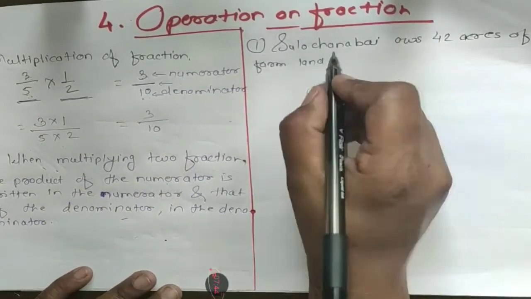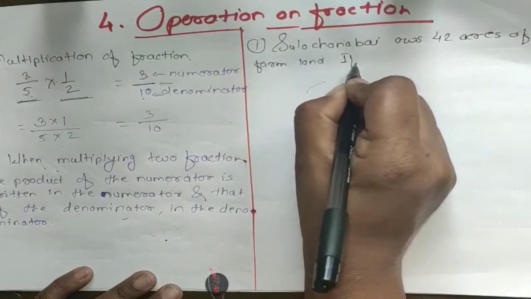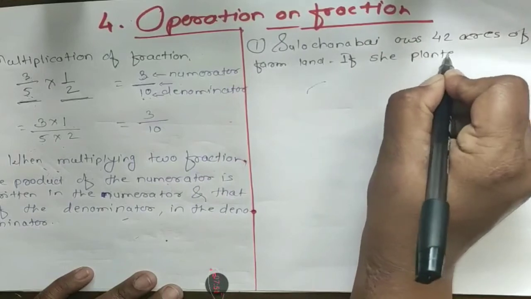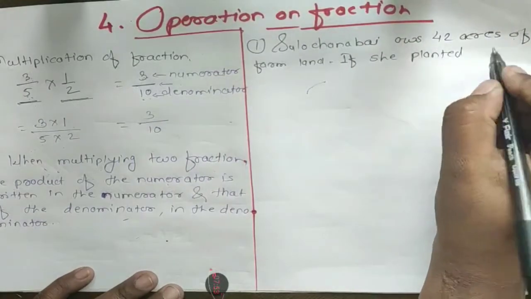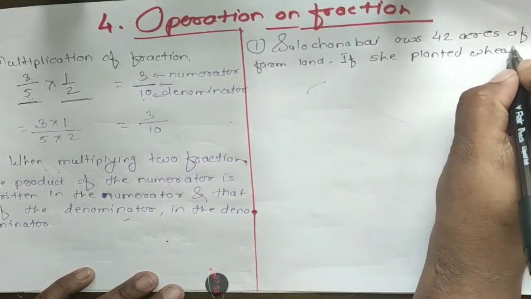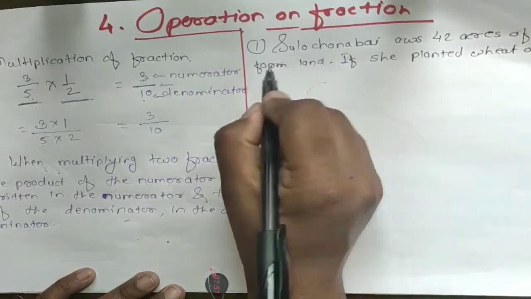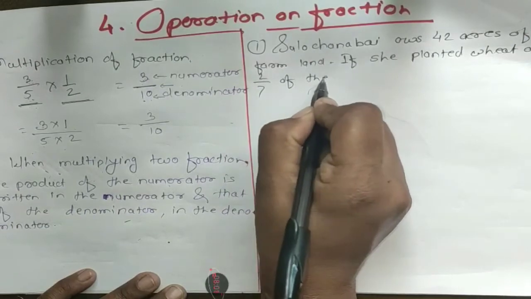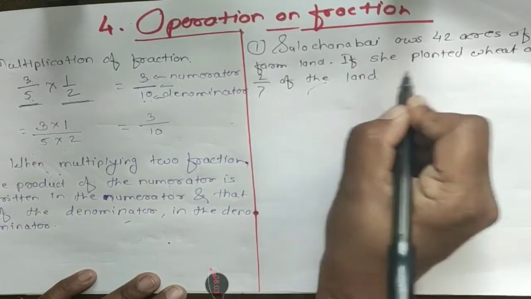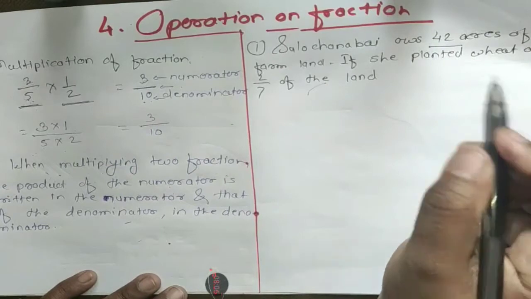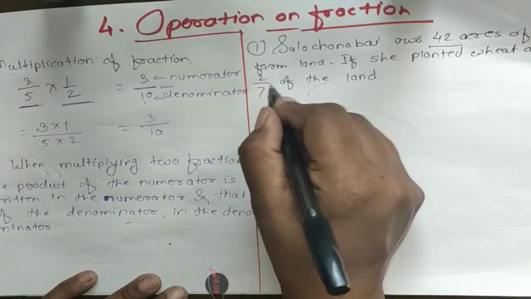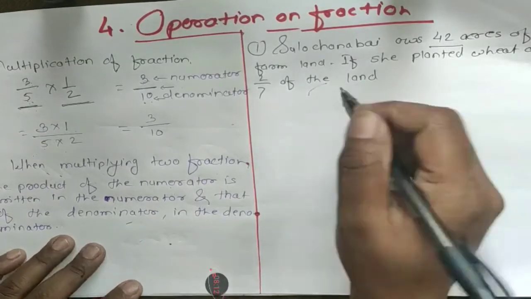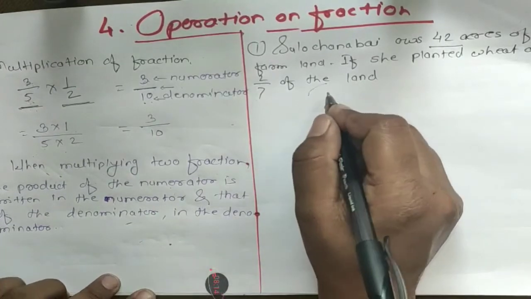If she planted wheat on 2/7 of the land. She has 42 acres of land, and from those 42 acres she planted 2/7 part with wheat.